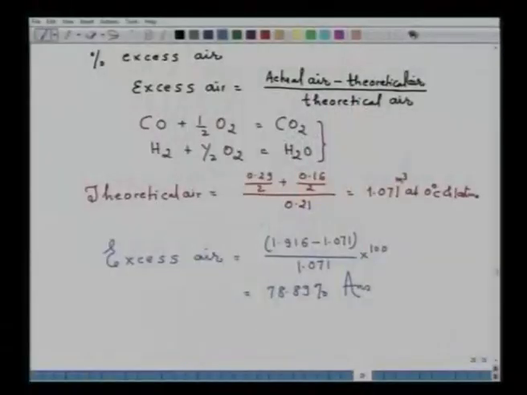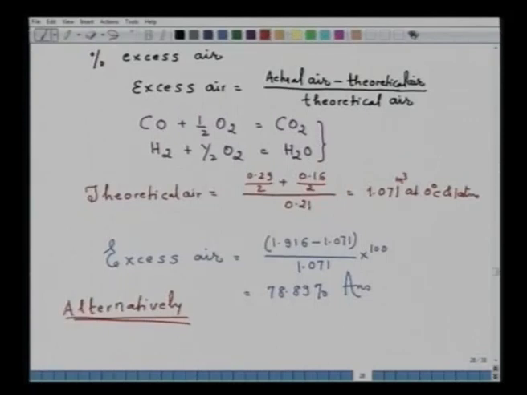If you know the percentage of oxygen in POC, then alternatively, only in this particular problem, you can calculate. Had there been CO in the products of combustion, then probably a different method is to be adopted.